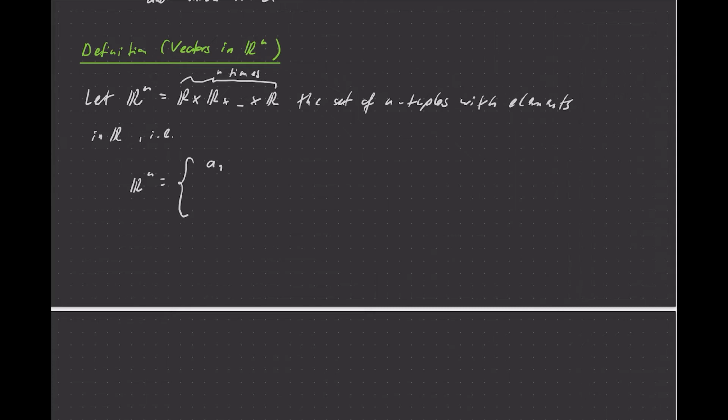And that's just a convention. That's not fixed. You could also write them in the form of a row if you wanted to. But for us, if we talk about vectors in R to the n, we usually use column notation.